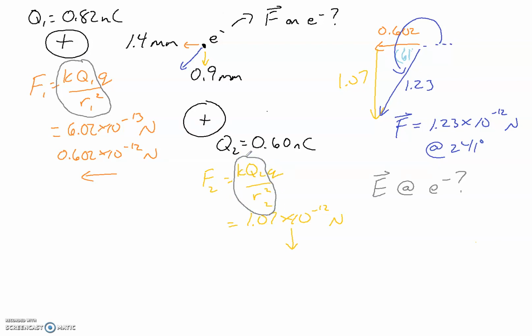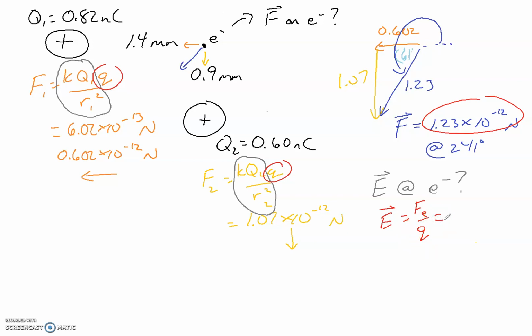The easiest way to calculate an electric field is just force divided by Q. Well, you have the force already, and that force used the two electric field calculations to get them in the first place. The only thing that's different is that little Q in there. So if we introduce the Q back into the basic expression, if we take this force and divide it by the Q, the charge of the electron, we'll get the electric field.